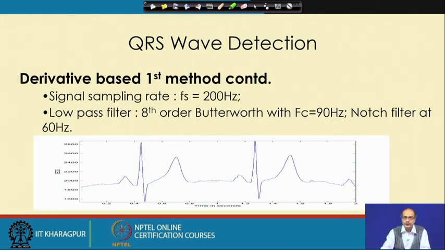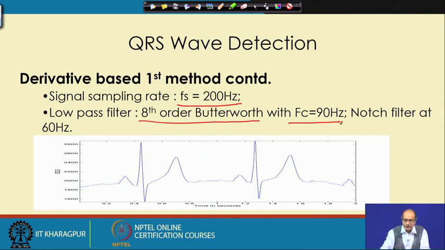Here we have taken an ECG signal which is sampled at 200 hertz, and at that sampling frequency an 8th order Butterworth filter with cutoff frequency 90 hertz is selected. Okay.